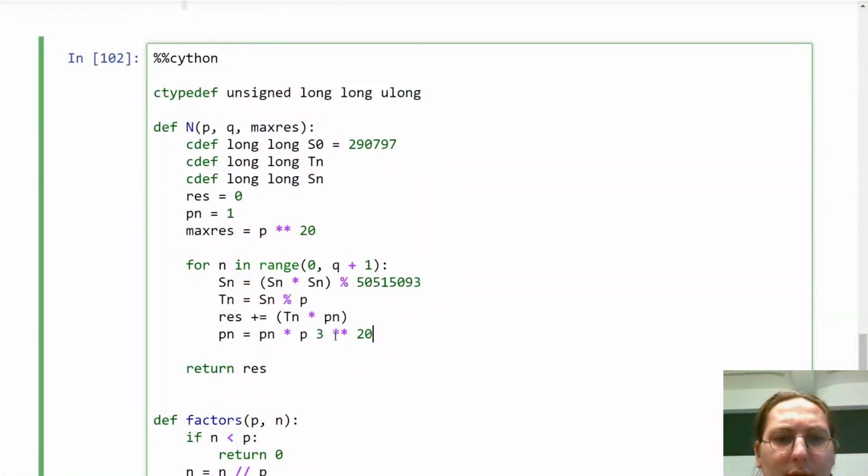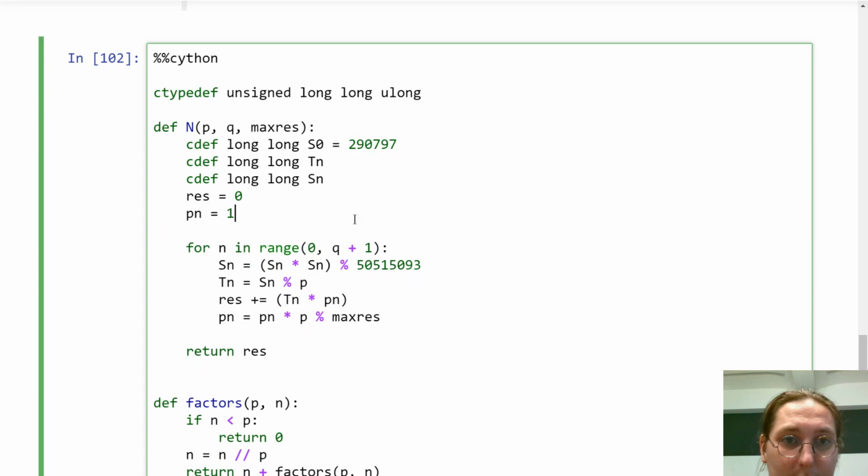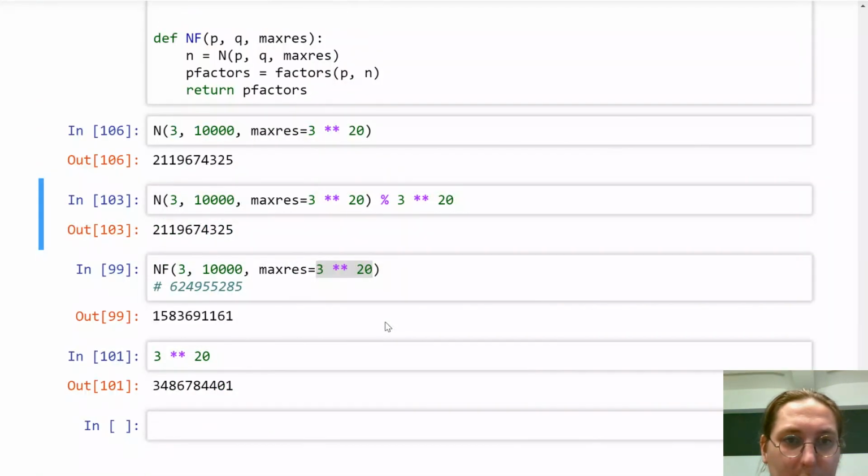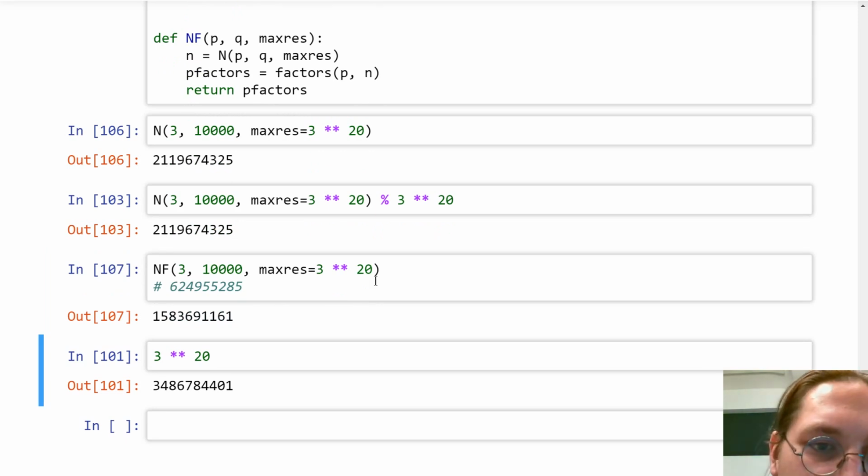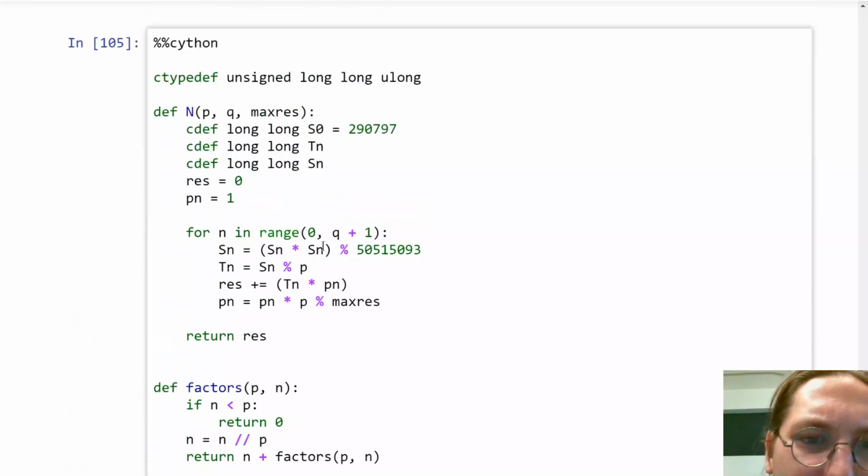So if I do this, do I get the same result? Actually, mod. Okay. Maybe that was the issue. That looks better. Okay. Maybe this will... No. Okay, well at least it's correct again.